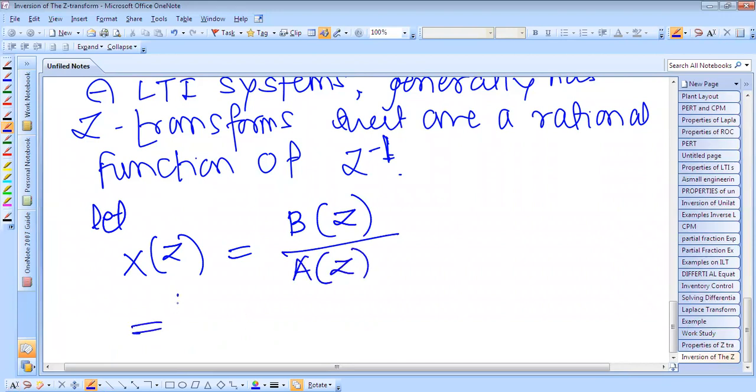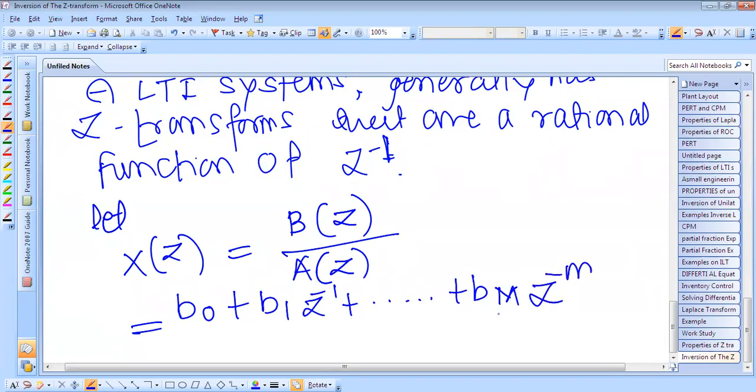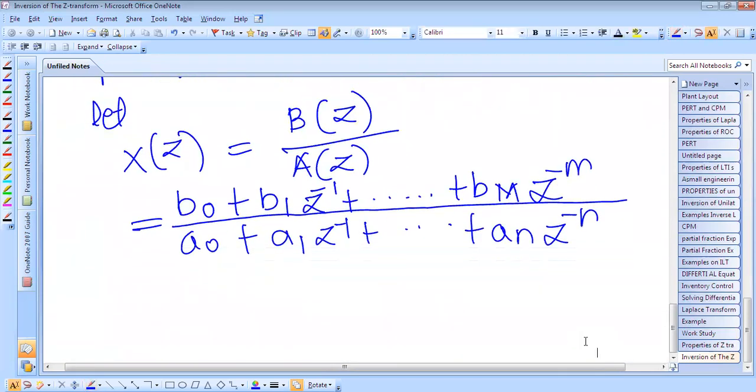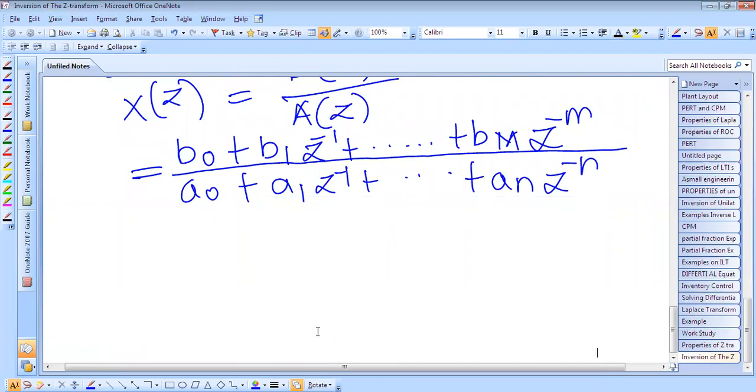This can be further written like this: b0 plus b1 z raised to power minus 1 plus bm into z raised to power minus m, where m is the highest power of the numerator polynomial, over a0 plus a1 z raised to power minus 1 plus an into z raised to power minus n. So this is the general form of x of z.